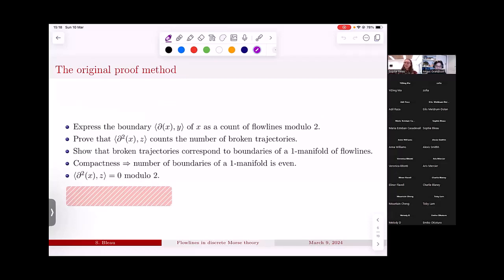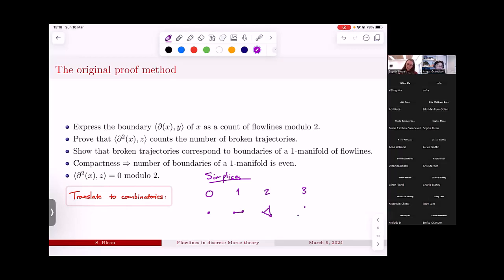But I wanted to make it a little more combinatorial. So let's translate it. As I said, instead of manifolds, we're looking at simplicial complexes. And you might not know what a simplicial complex is. So to understand it, I'm going to talk about what a simplex is. A 0 simplex is a point, a 1 simplex is an edge, a 2 simplex is a triangle, and a 3 simplex is a tetrahedron.